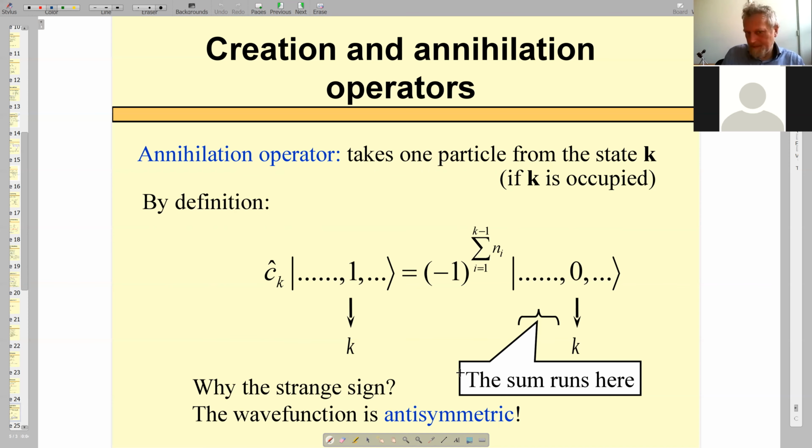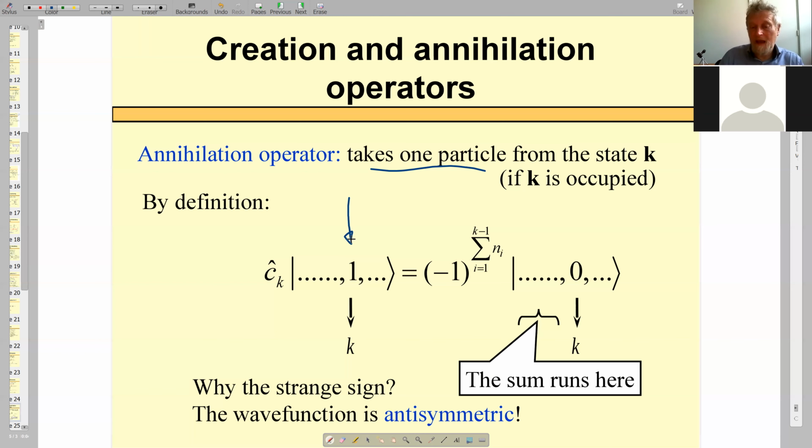As the annihilation operator for bosons, it does the same. It removes one particle from the state k if k is occupied. Right? For bosons k can have two particles. So it works on this particular state.